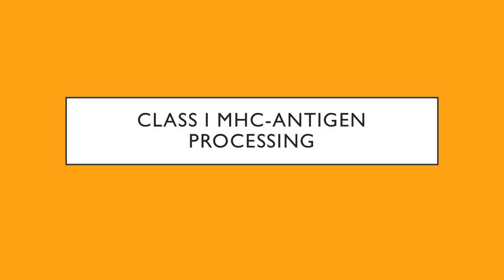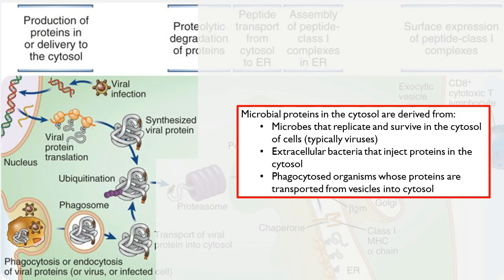So now let's talk about antigen processing for class 1 MHCs in a little bit more detail. There's a common association between viruses and class 1 MHCs because all viruses encode proteins that are synthesized in infected cell cytoplasm. This means that it's guaranteed that if you're infected by a virus, a class 1 MHC will somehow be involved.